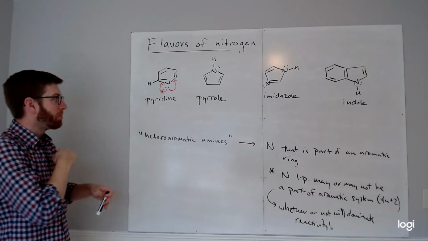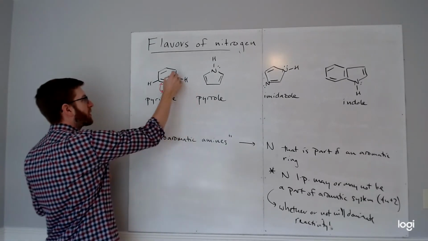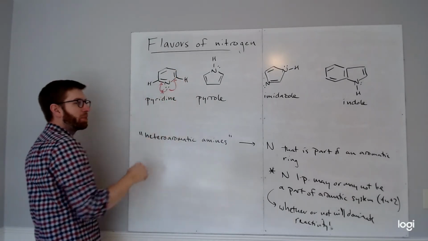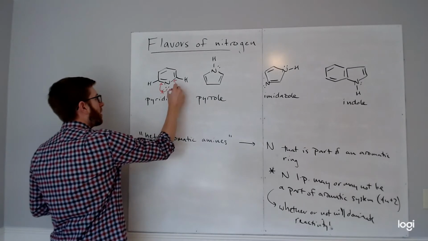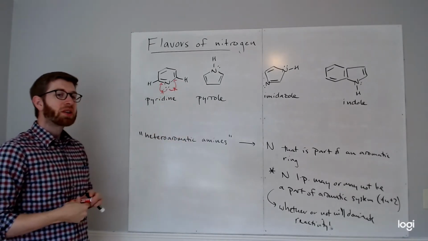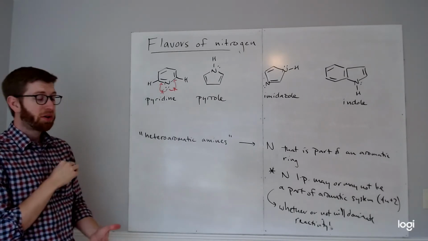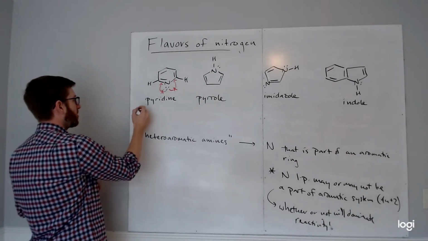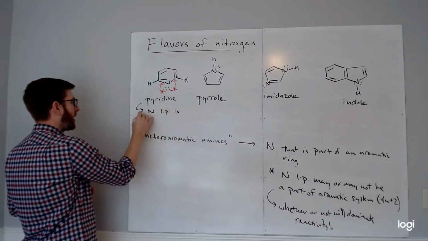We still have a problem though. We also have a hydrogen here, and so that would give us 1, 2, 3, 4, 5 bonds. That doesn't work either. So this lone pair is actually not a part of the aromatic system, even though the nitrogen is a part of the ring. So nitrogen lone pair is localized.